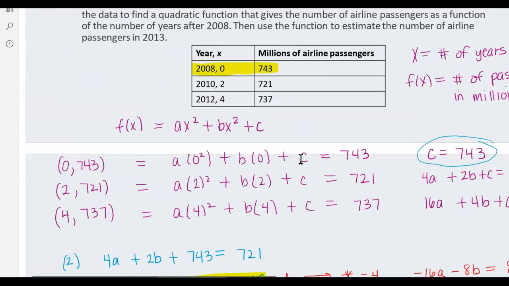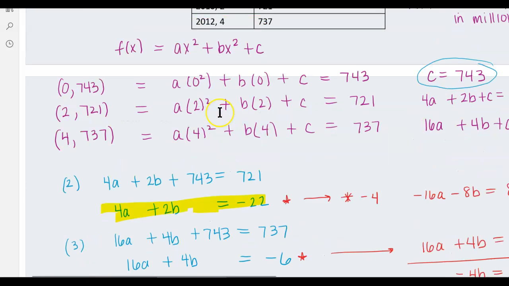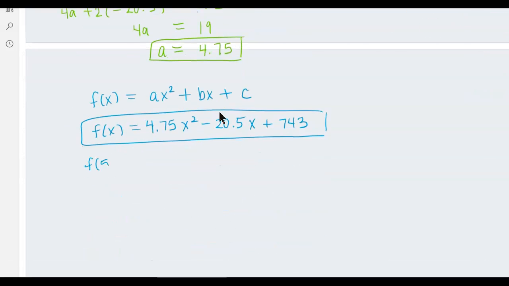The original problem asked us to predict how many passengers there would have been in the year 2013, which would be 5 years after 2008. So let's do f of 5. We'll have 4.75 times 25 minus 20.5 times 5 plus 743.